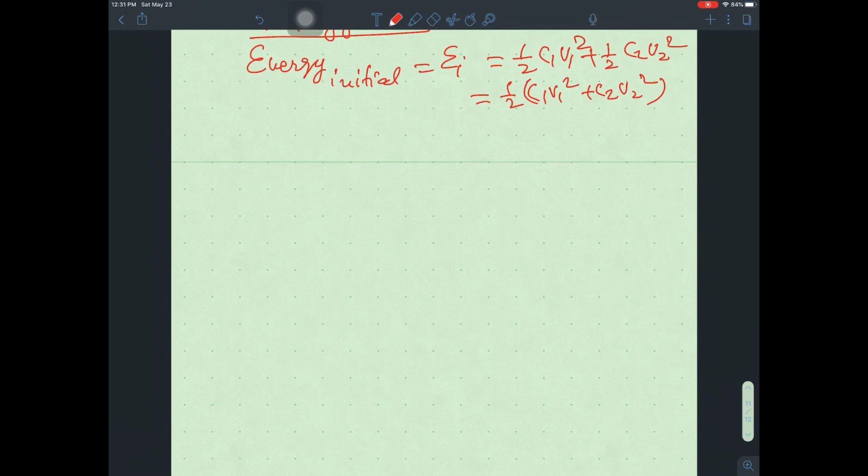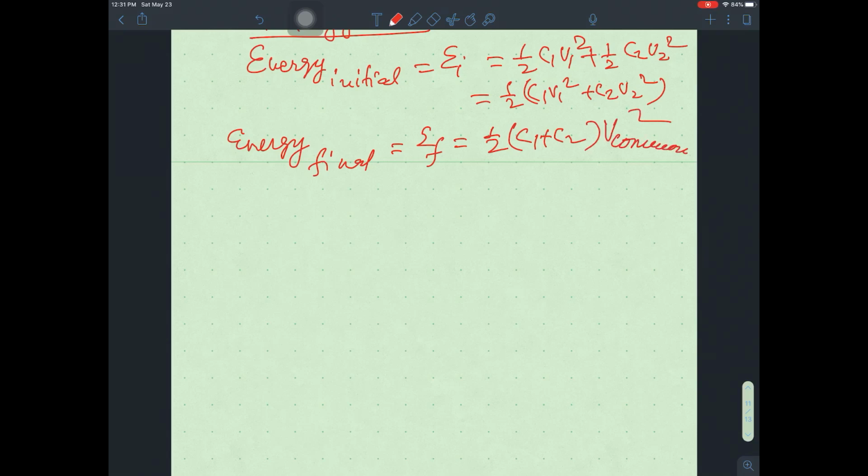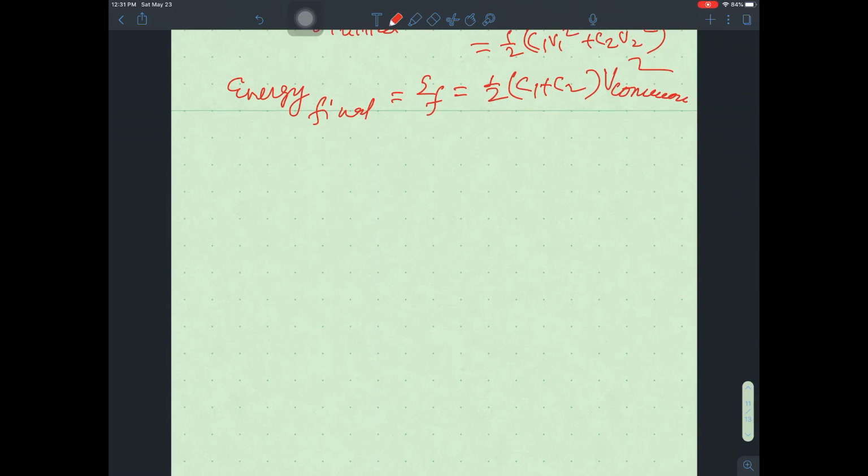And now the final energy, that is after redistribution, I am representing it by EF is equal to 1 by 2 (C1 plus C2) into V common square, half CV square. But V common is how much? V common is equal to (C1 V1 plus C2 V2) by (C1 plus C2).